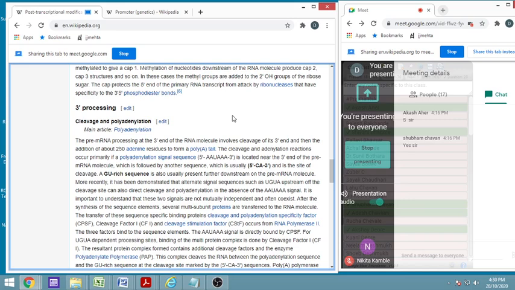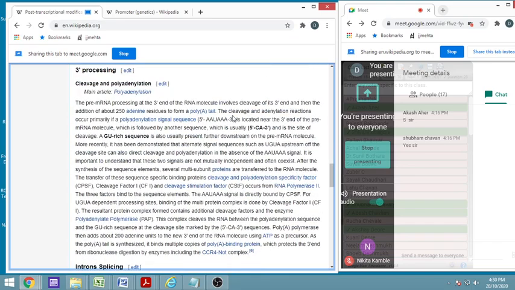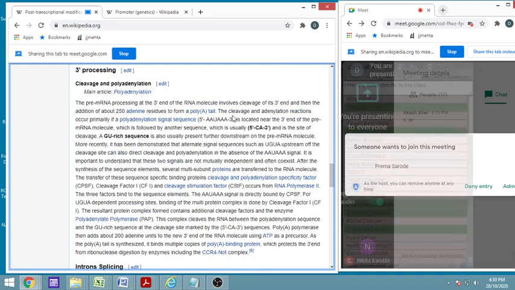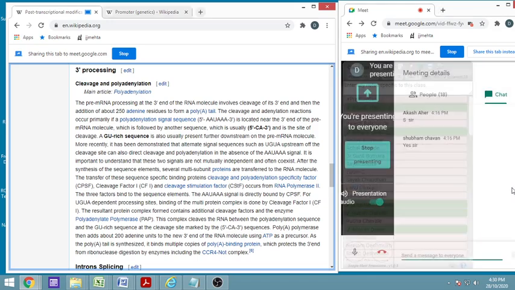The cleavage and adenylation reactions occur primarily if the polyadenylation signal sequence is located near the 3' end of the pre-RNA molecule. There can be one more sequence, a guanine and uracil rich sequence, which is usually present downstream in the pre-mRNA molecule.